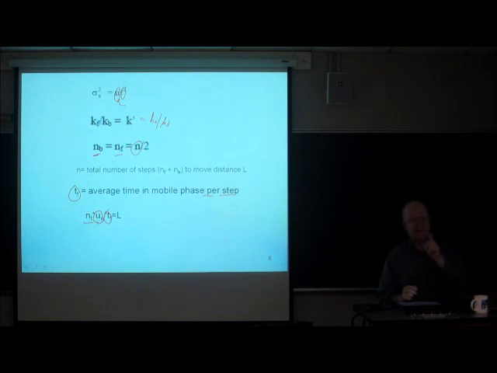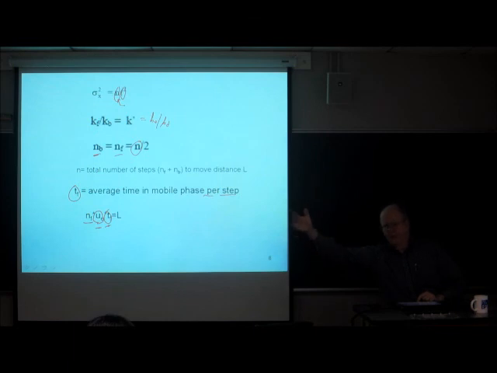Because in each individual step, it will move forward by UE times TF. And if it does that NF times, it's boom, boom, boom, boom, boom, and it's out of the column.